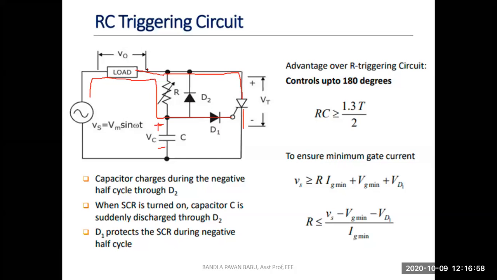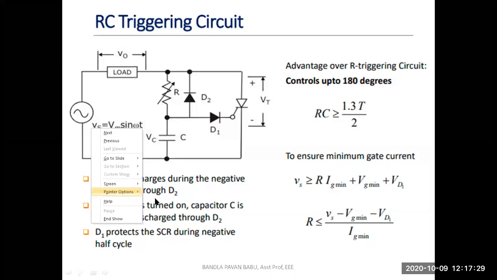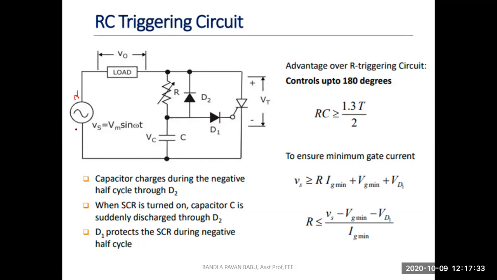At this moment, the capacitor is going to be charged with polarities positive and negative as mentioned. So during the negative half cycle, here it is neutral and here it is phase.